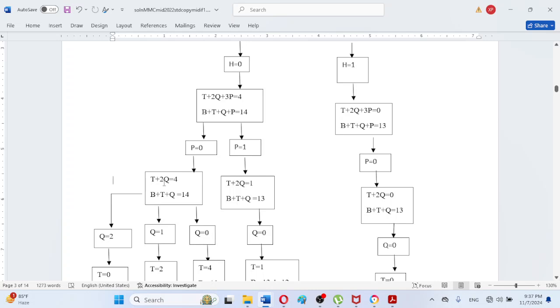Here we can observe that q can adopt 3 values: q can be 0, q can be 1, and q can be 2, but it cannot be greater than 2, because on the right hand side there is 4. So the maximum value can be 4 on the left hand side for any number of links.